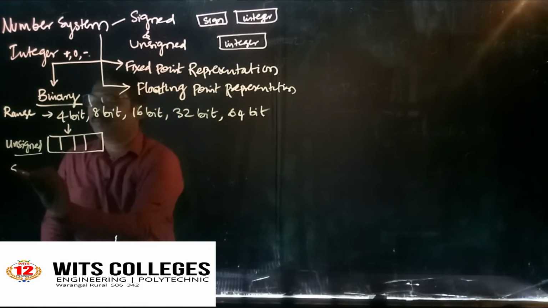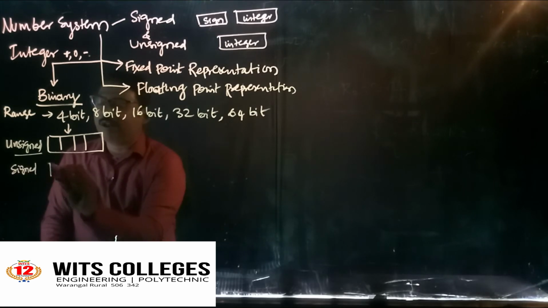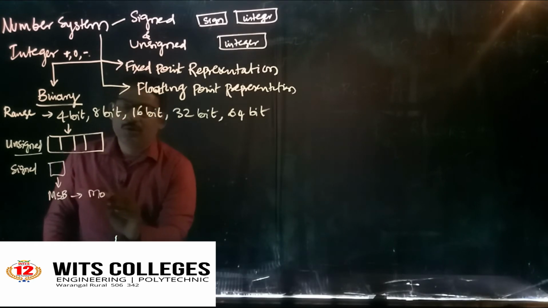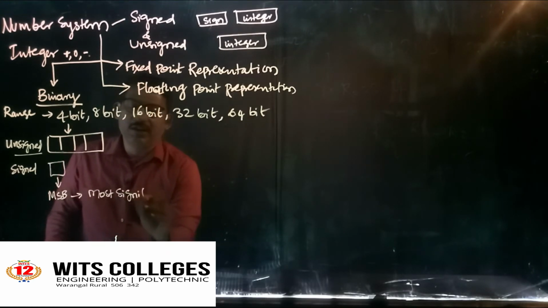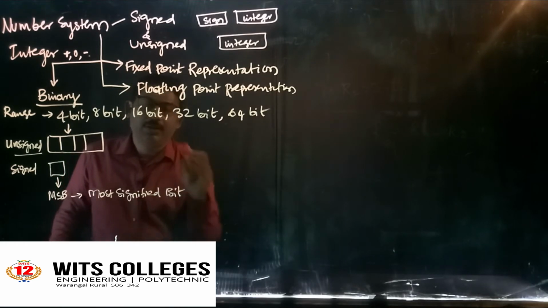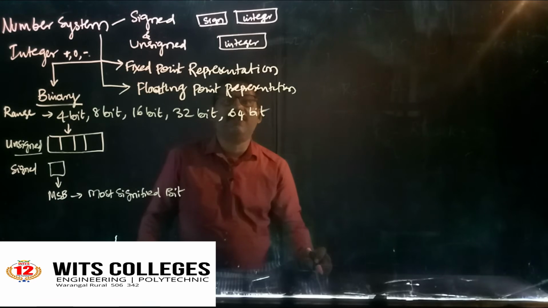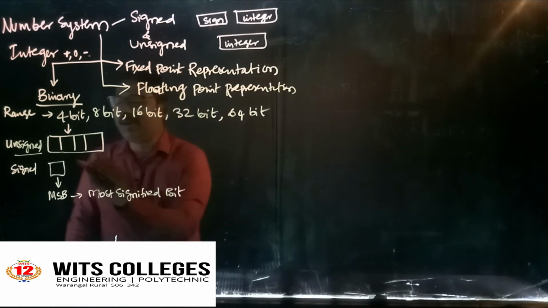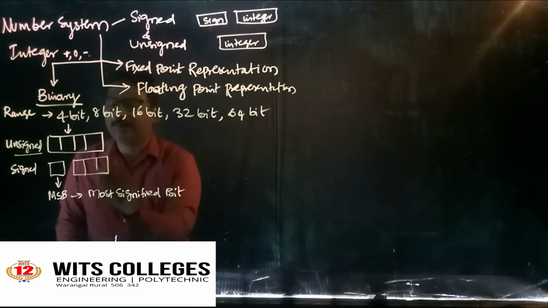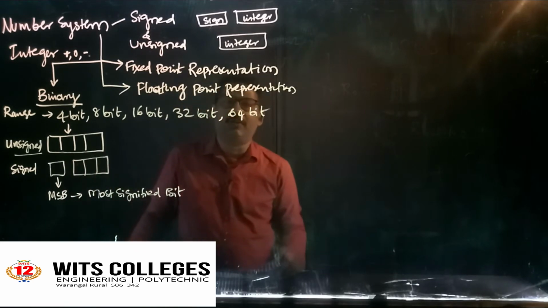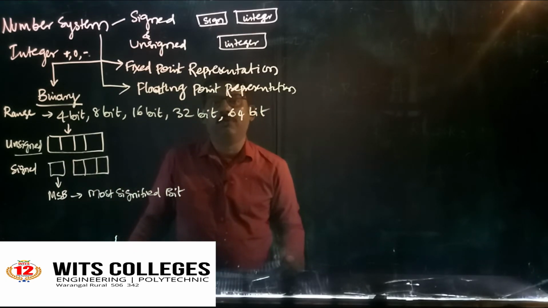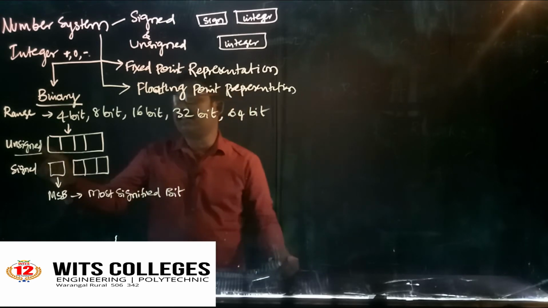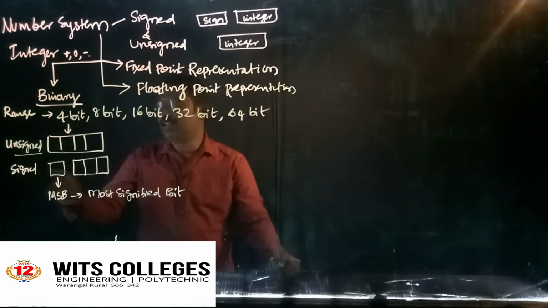Whereas for signed, 1 bit is meant for the MSB, the most significant bit, and the remaining 3 bits are meant for the value, the integer or binary value. So this is unsigned for 4 bit and this is signed for 4 bit.